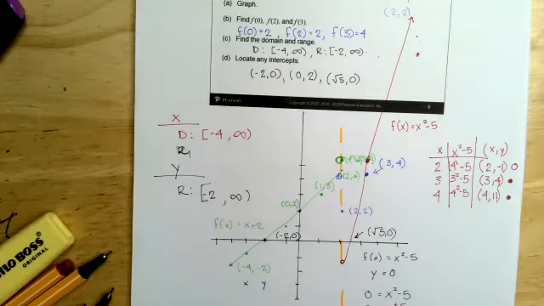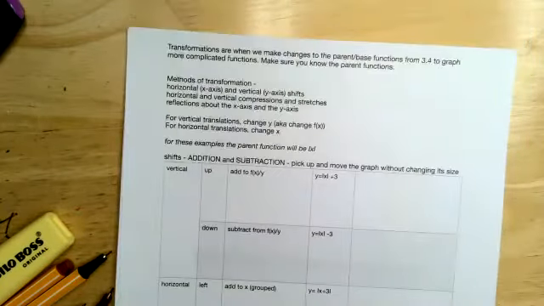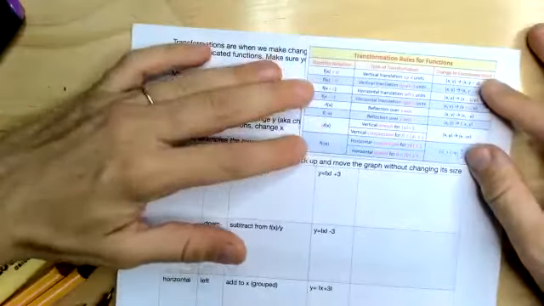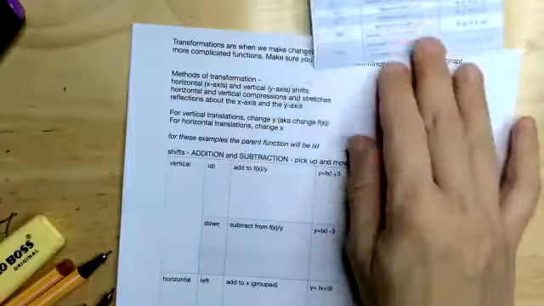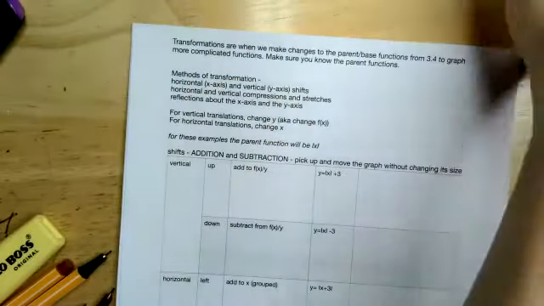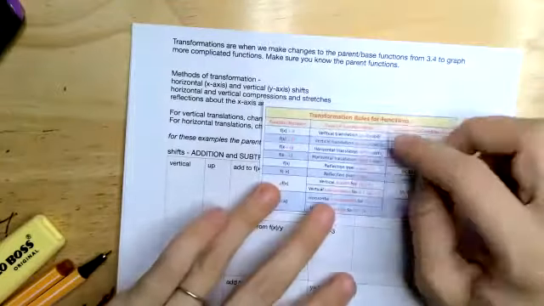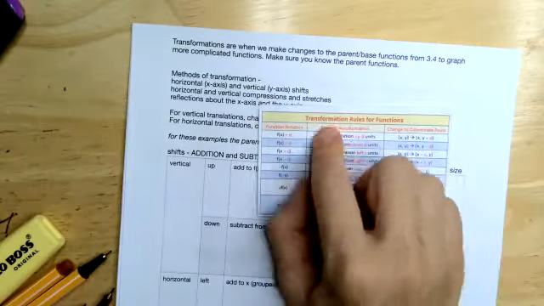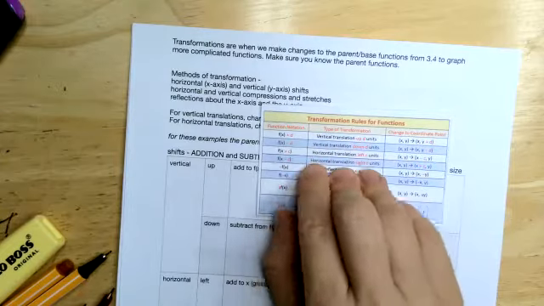That's the end of piecewise functions. Onto transformations. Transformation rules. All right, let's go over the transformation rules best we can. The methods of transformation are, you can shift them. Okay, so these first 4 are shifts.